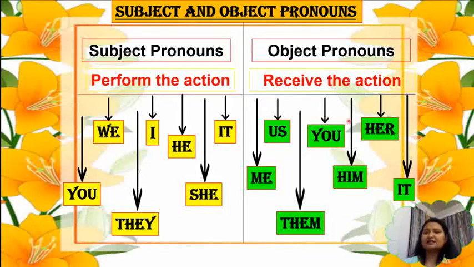So these are some of the object pronouns, that is the receiver of the action in a sentence. Okay, so children, you will see that I and it are repeated in both the places, in subject pronouns as well as object pronouns. So sometimes they can be the performer of the action and sometimes they can be the receiver of the action.